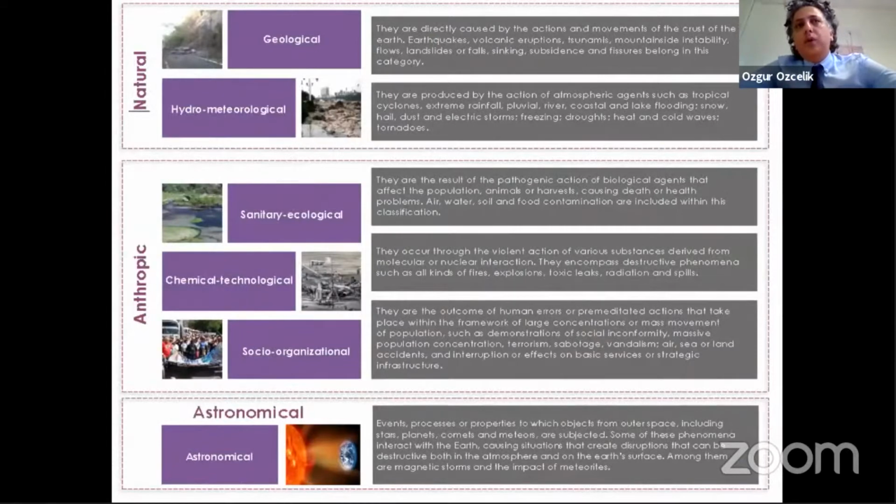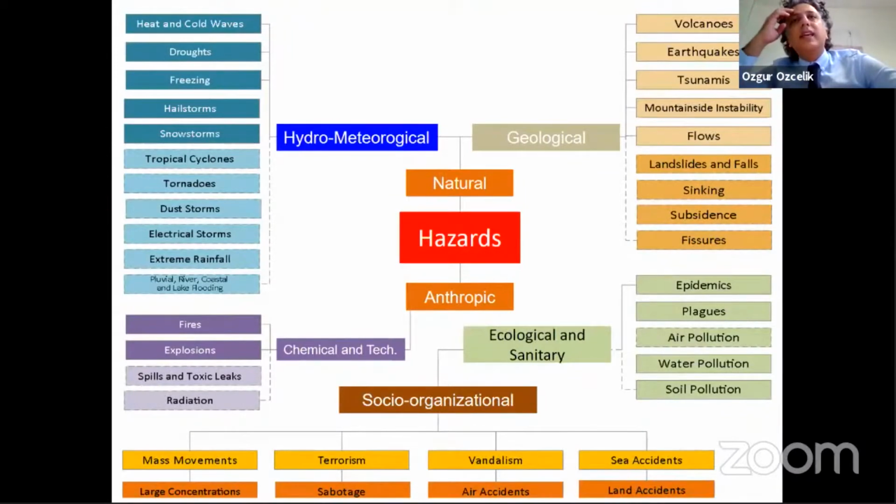As we all know, there are different types of hazards, right? There are natural hazards, geological, hydrometeorological, anthropic hazards like chemical, technological, or socio-organizational, and there are astronomical hazards. If we take a look at them very quickly, some of those are earthquakes on the geological side, landslides and falls.